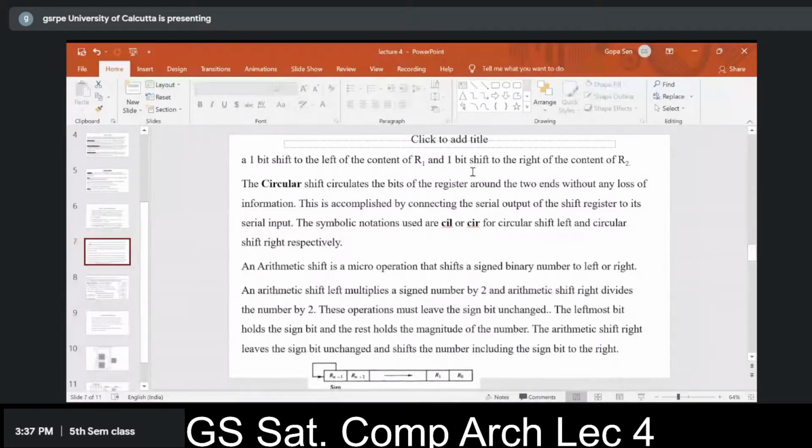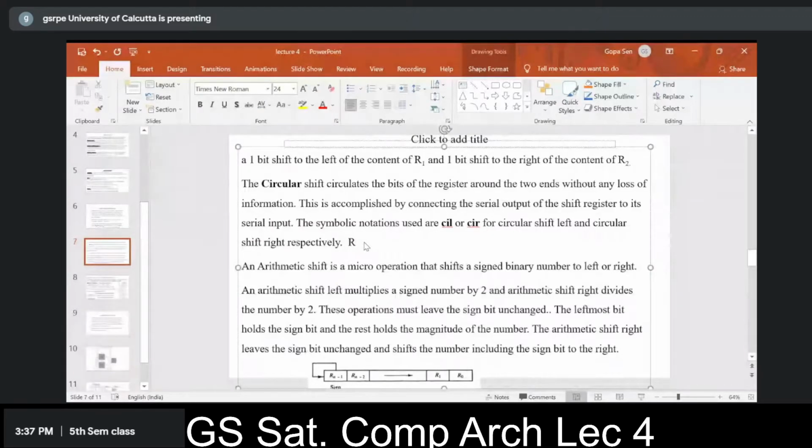One bit of information was lost and 0 was introduced in the vacant place. But when the circular shift operation is executed, there is no loss of information, only a change of place of the data. As an example, again let us consider we have a register which contains R3, R2, R1, R0.